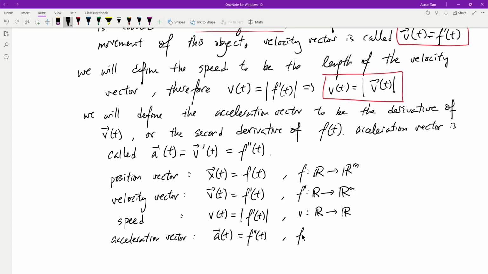That's equal to f double prime of t. And f double prime of t still maps from R to Rm. So collectively, these describe motion in Rm.